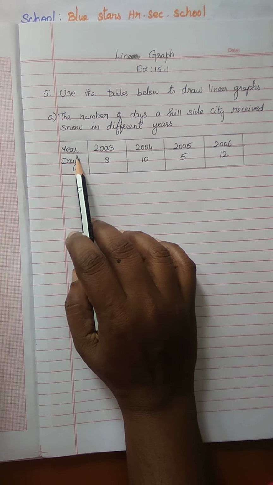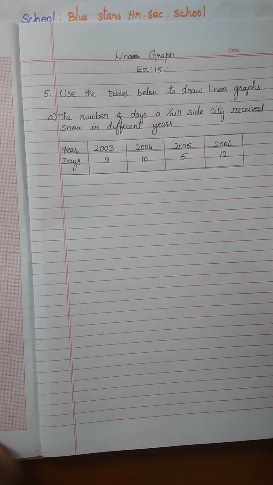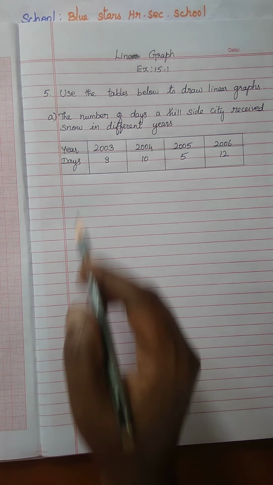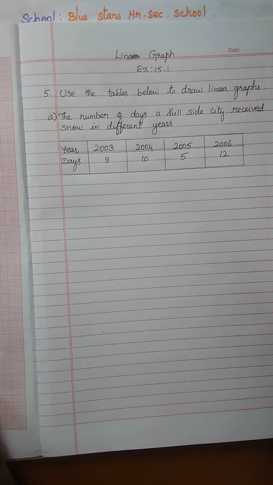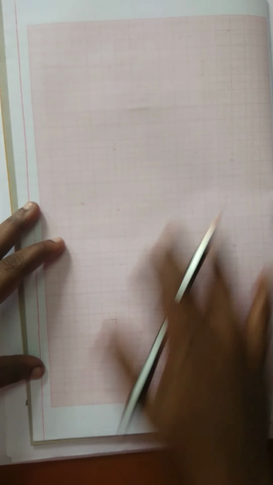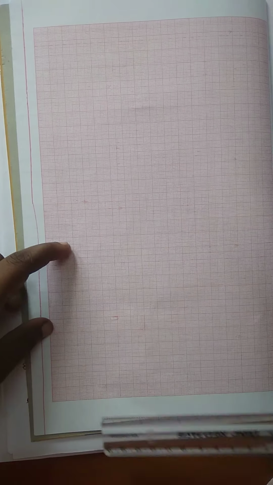In this question, we draw the x-axis and y-axis. Year represents the x-axis and days are on the y-axis. First we draw the x and y coordinates on the graph sheet.